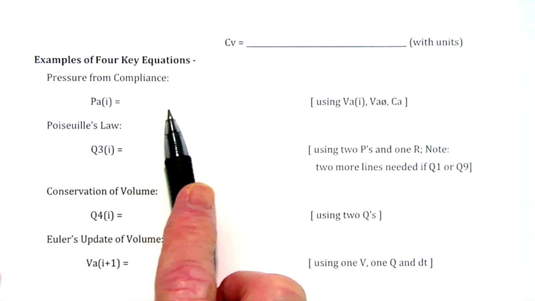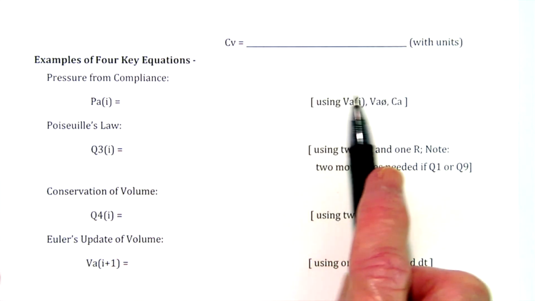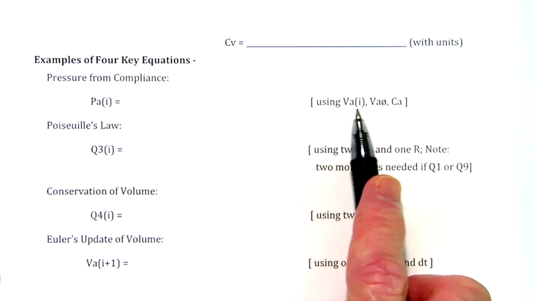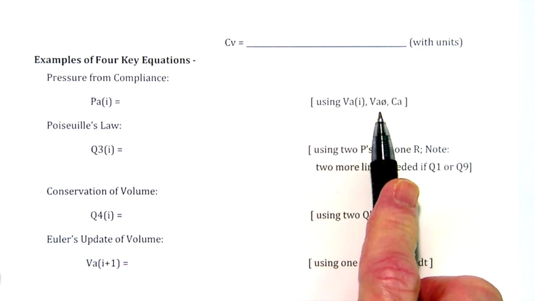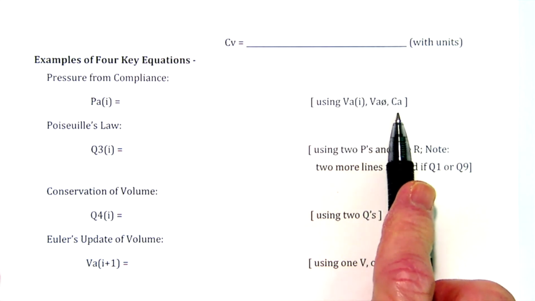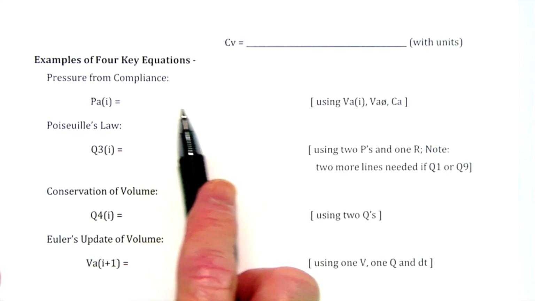Write that equation right in here. It will use the volume in the arteries at that particular time point, I, the residual volume in the arteries, and the compliance in the arteries. Put that equation right here.